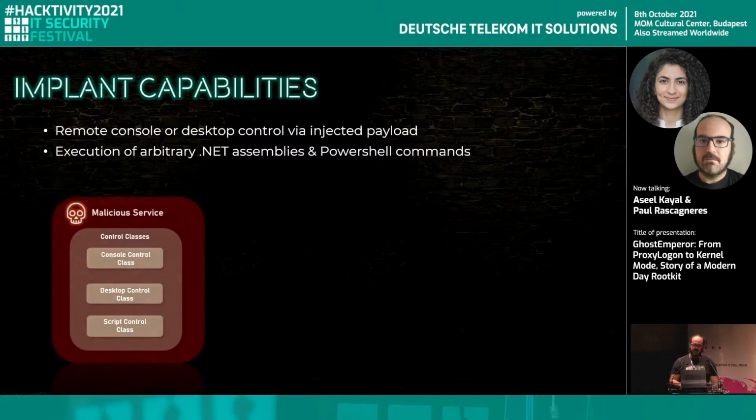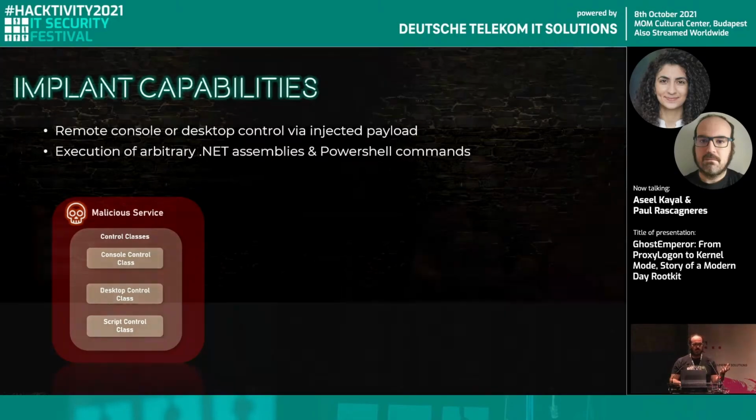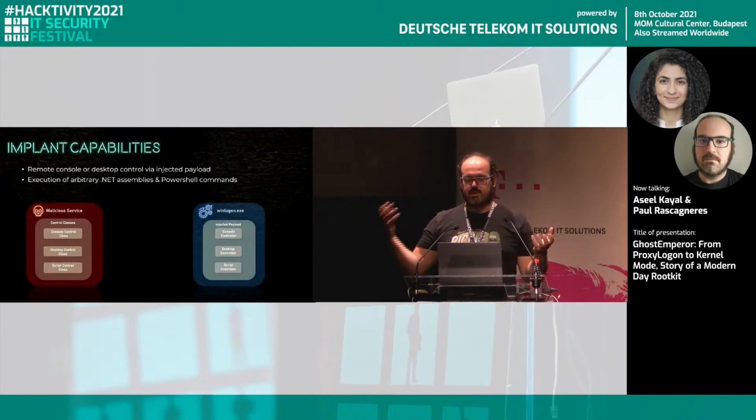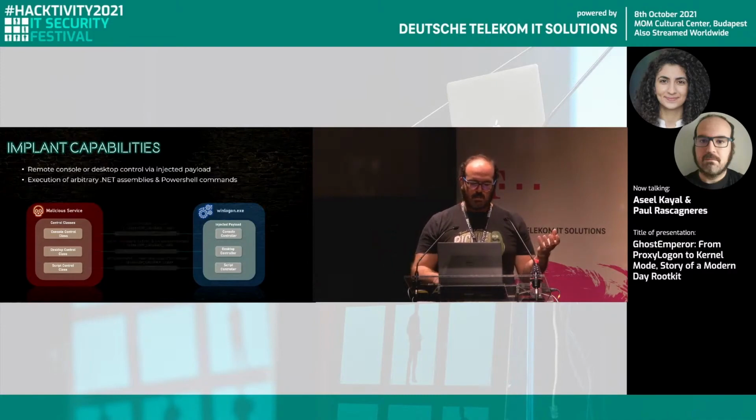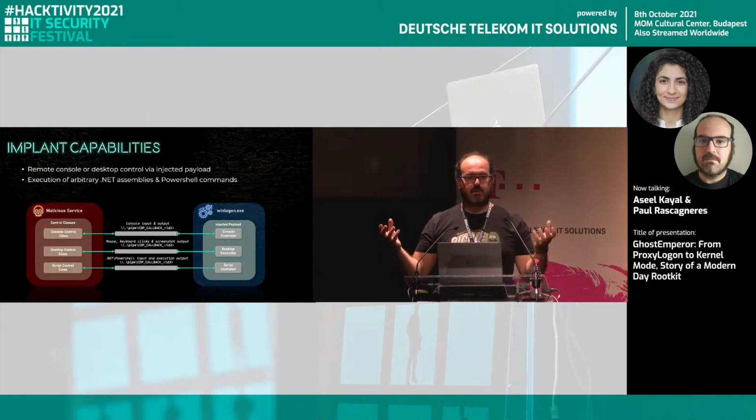If we look at the design, we have this service running some classes to control the workflow, and everything is injected inside winlogon.exe, so the legitimate winlogon process. And how both components works together, it creates namepipe.